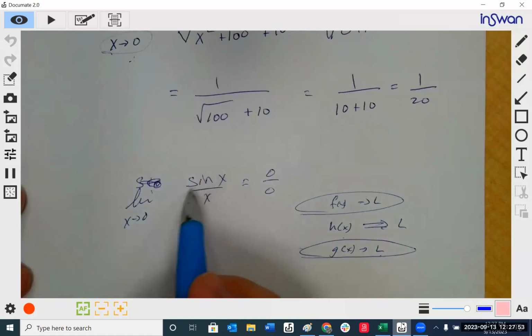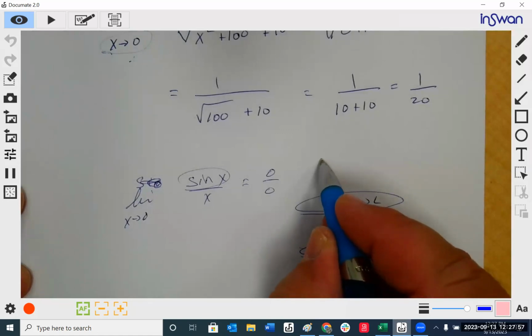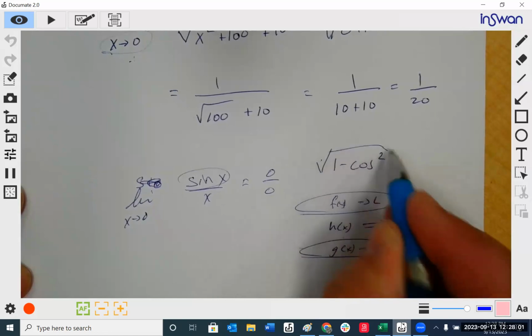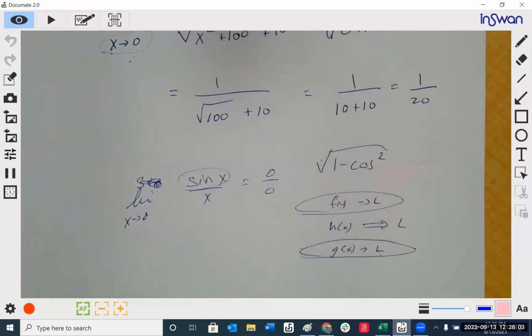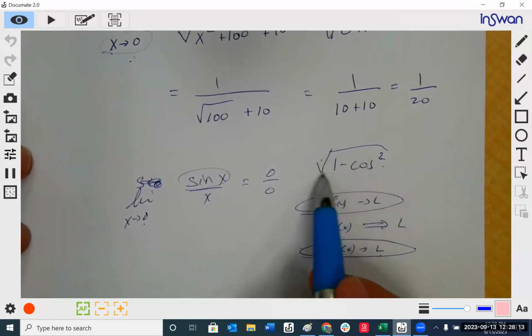Because with this one, we could find, because that's the same thing as square root of 1 minus cosine squared. That equals sine squared, or sine. Now at 0, cosine squared at 0 is 1, 1 minus 1, we still have 0 over 0.